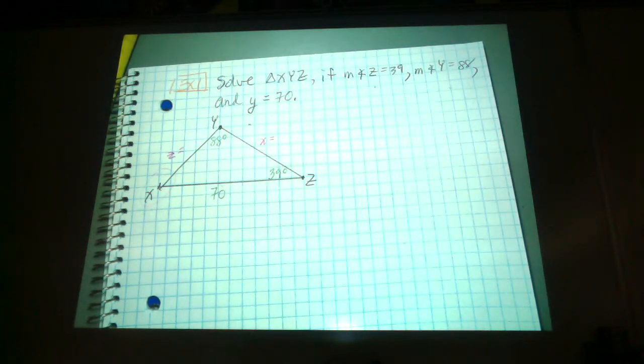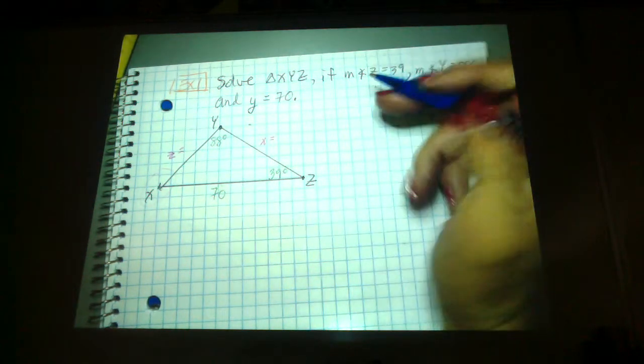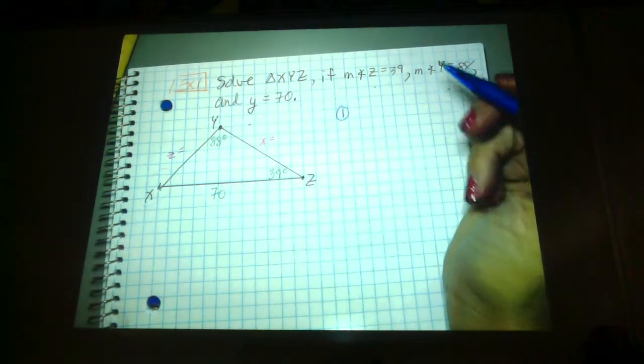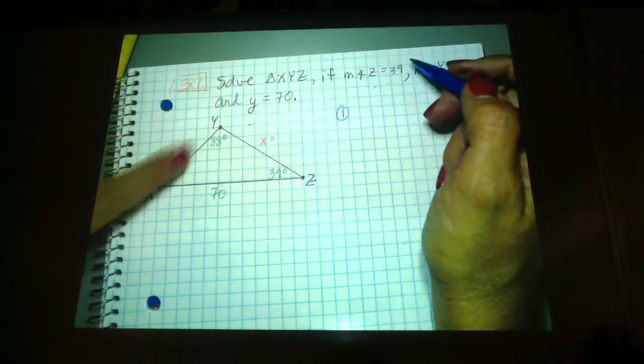So we're going to set very specific steps. The easiest thing for you to find right now would be the measure of angle X, because you know these two angles.